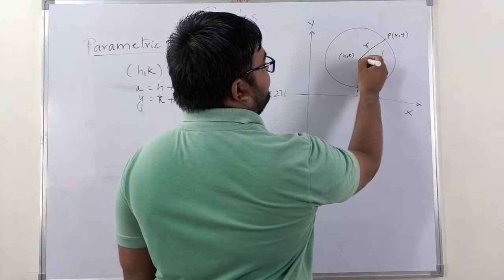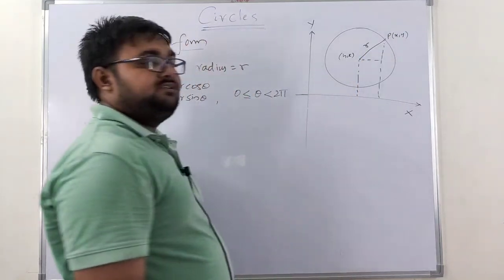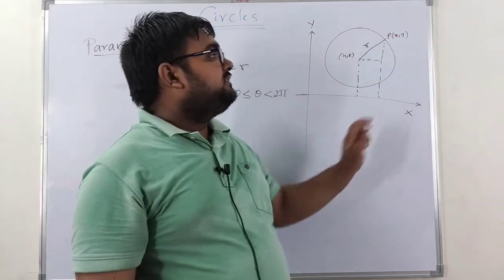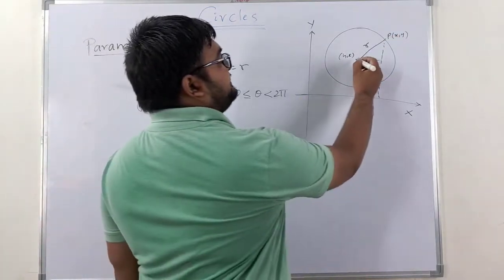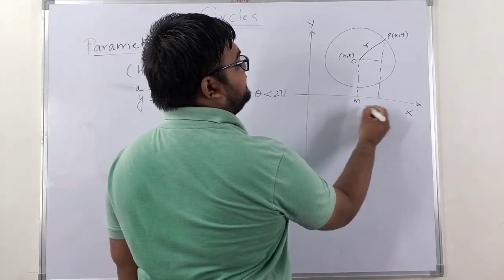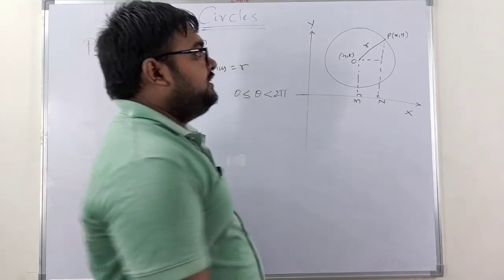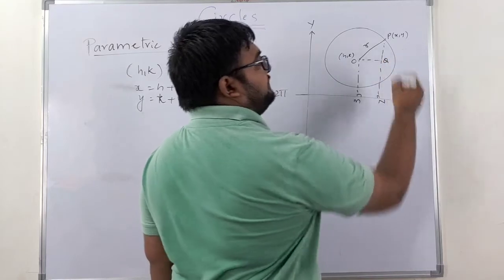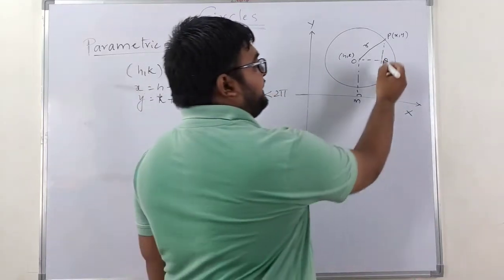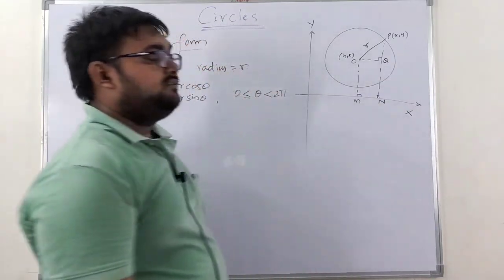Now what I am going to do is drop projections onto the x axis. Next, from this I am going to drop a projection onto this particular line. Let the center be O, and let this be some M N. These are nothing but the projections. Let this point be Q, and here this is a right angle.